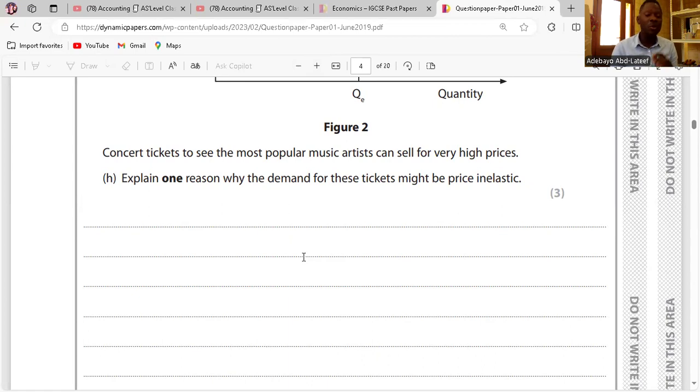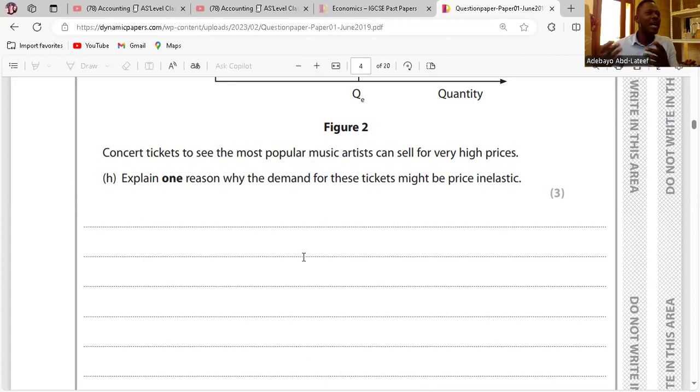But when we look at the case study here, we could talk about the lack of substitutes. When we talk about lack of substitutes, it means it's a live concert, meaning that the artist will be seen live. If you are not at the concert, you won't be able to see those artists live. So you don't have any other choice.